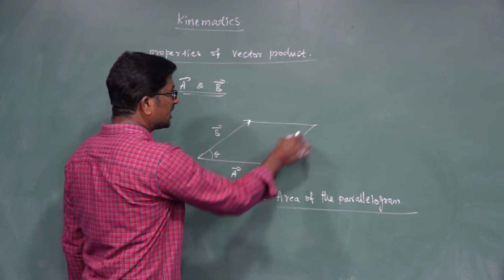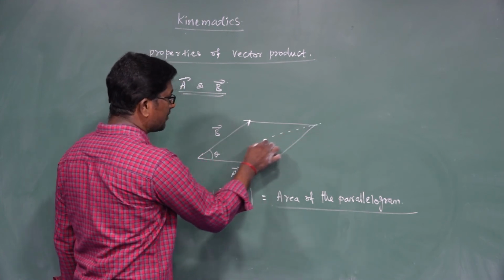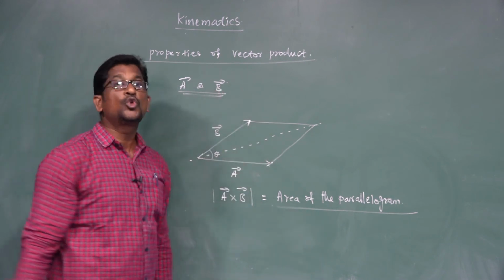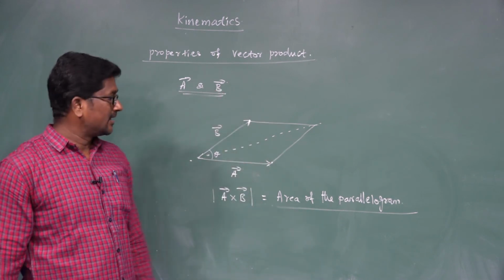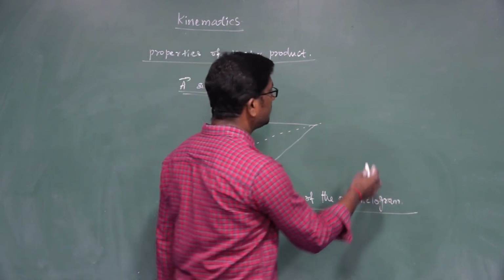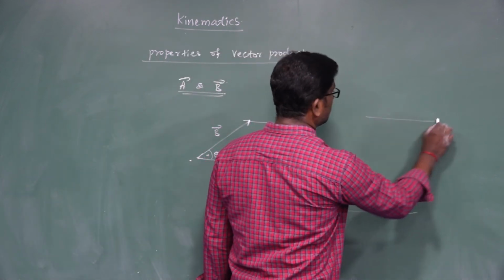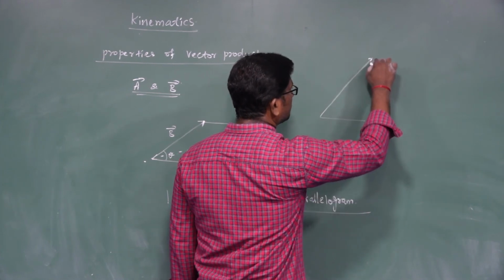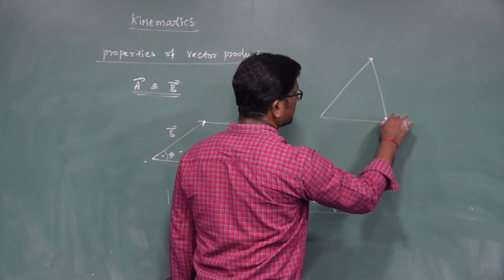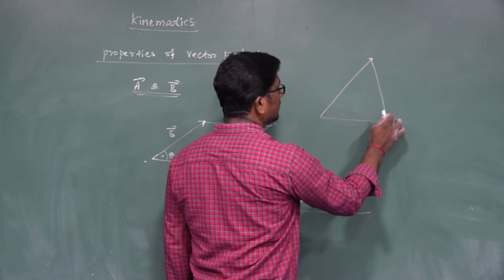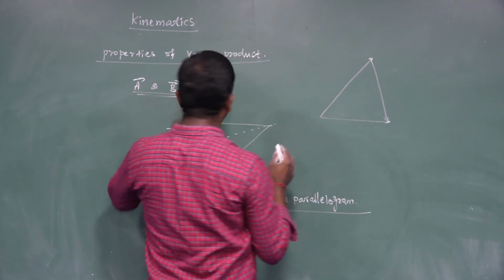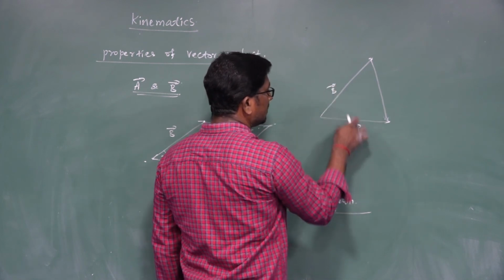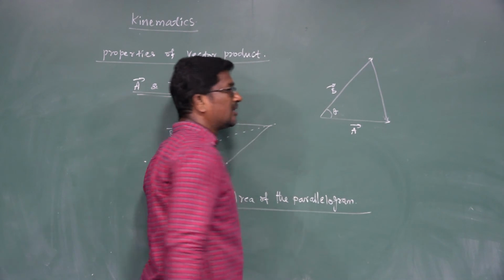Suppose the parallelogram is divided like this, we can get two triangles, right? In the case of a triangle, suppose A vector and B vector are the two sides of the triangle, making an angle of theta, for example.